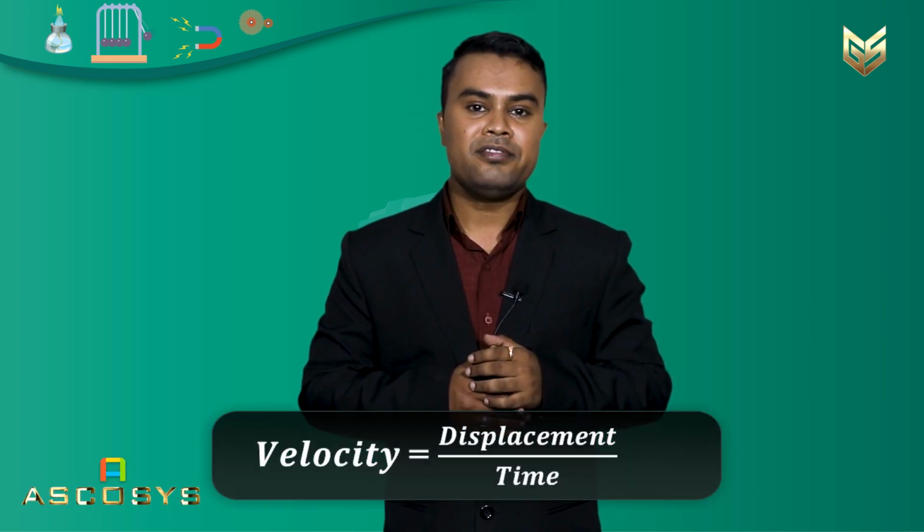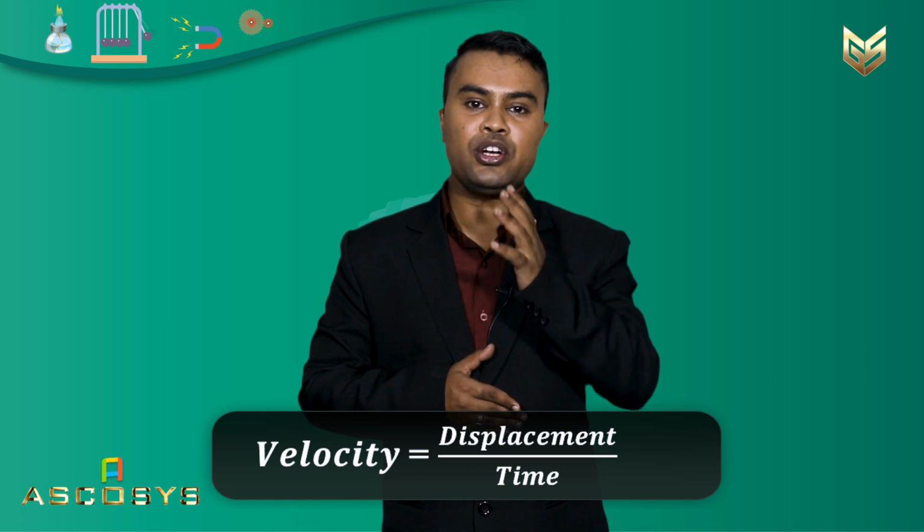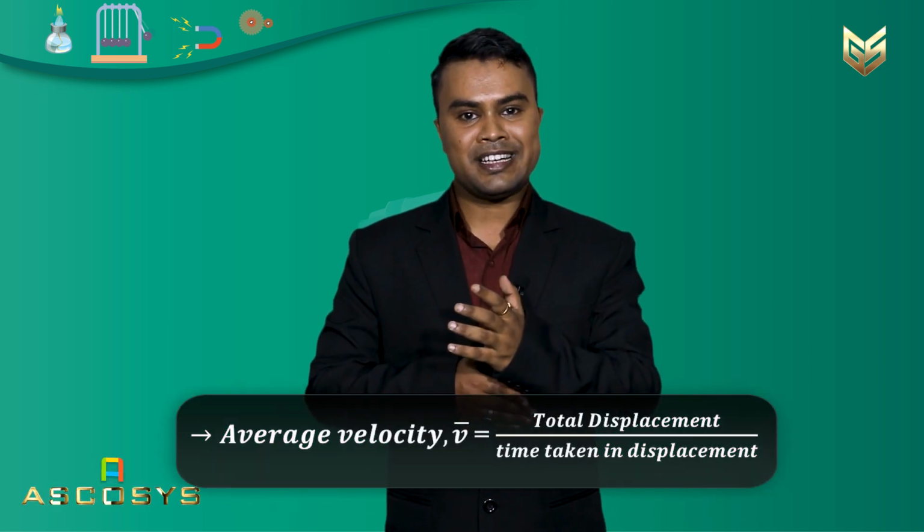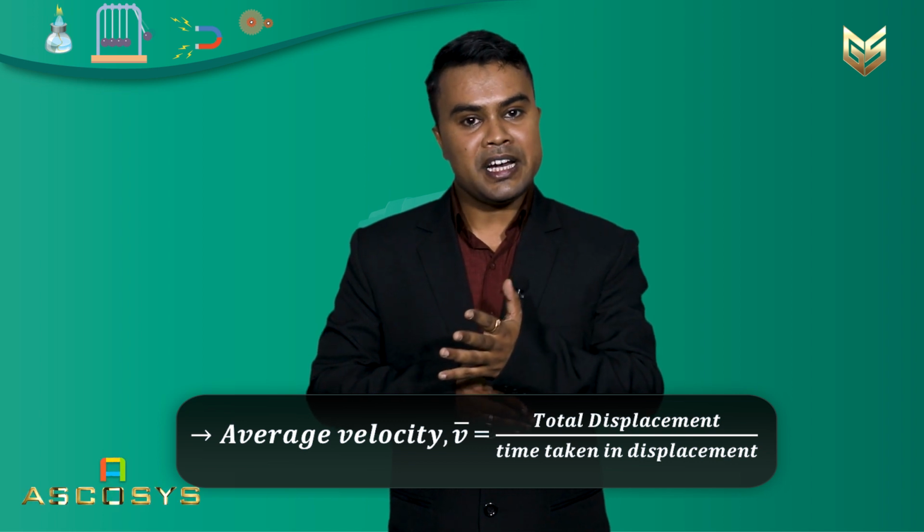Now we are going to start a topic called average velocity. To learn average velocity, we need to know what velocity is. Velocity is the rate of change of displacement. Average velocity can be written as total displacement divided by total time taken.